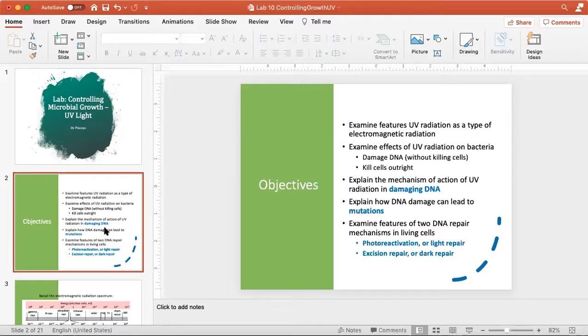We'll talk about how UV exposure damages DNA and how that damage can then lead to mutations in the cell. And finally, we're going to talk about two really important metabolic pathways inside of living cells that repair DNA damage.